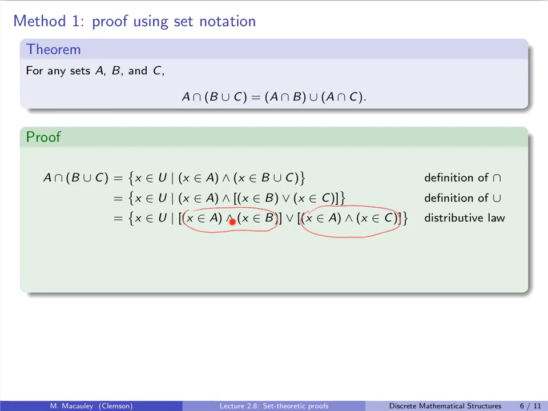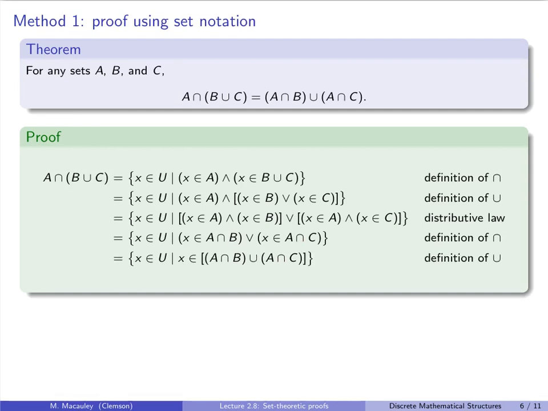We will say that this first part is what it means for X to be in A intersect B, and this is X in A intersect C. So this is a set of all elements X in the universe such that X is in A intersect B, or X is in A intersect C, and that is the definition of the union of A intersect B with A intersect C. In other words, that is a set of all X in U such that X is in (A intersect B) union (A intersect C), which by definition is what we want, the right-hand side.